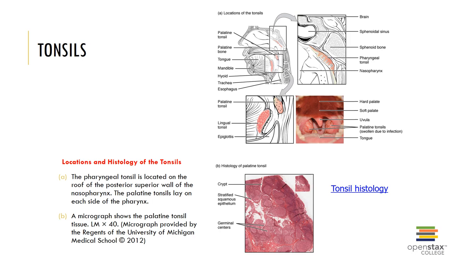A final pair of tonsils, called the tubal tonsils, is found in the base of each of the pharyngotympanic tubes. Most of the time, our tonsils go unnoticed unless they are infected and swollen, a condition known as tonsillitis.